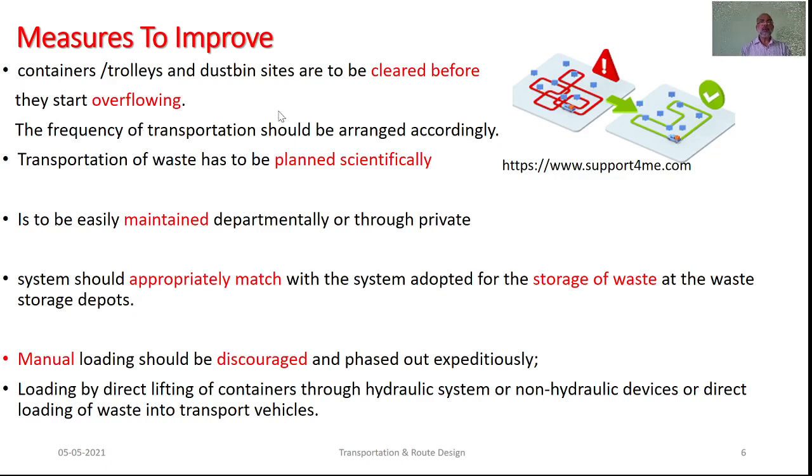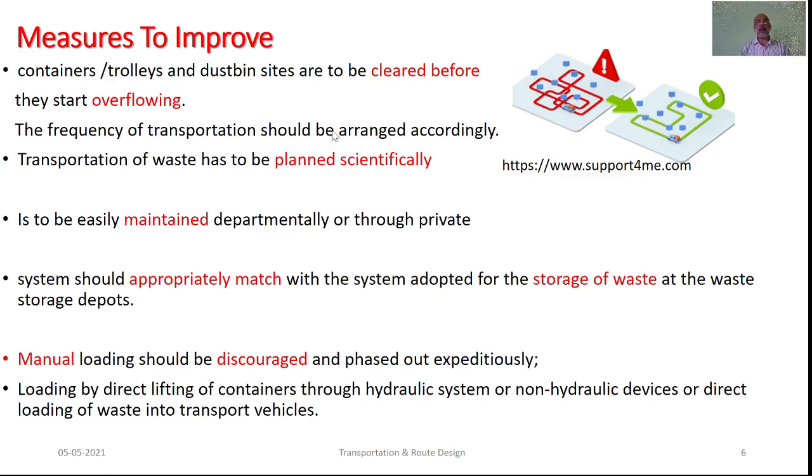Hence, we can consider some factors for improvement. One must ensure that these containers as well as these dustbin sites are cleared before they start overflowing, and hence the frequency of the transportation should be arranged accordingly.